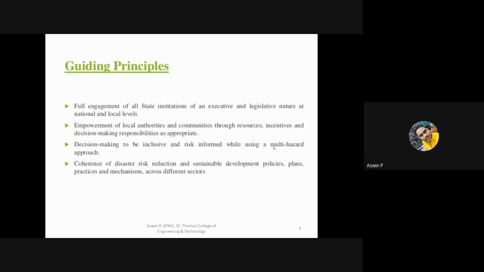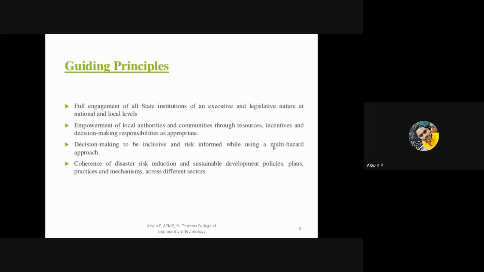It's a very important guiding principle. That is, we need to have coherence in disaster management. When we are communicating with the police, and with a hospital person, they are in a different situation.